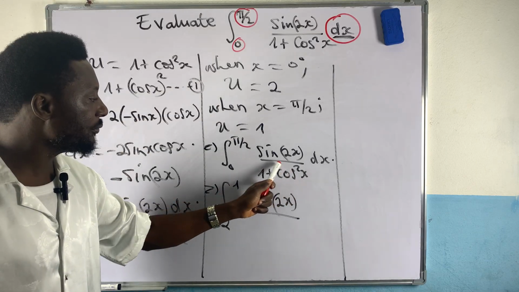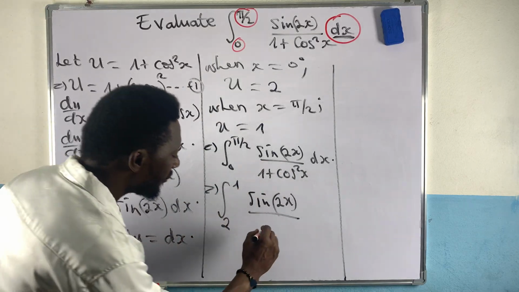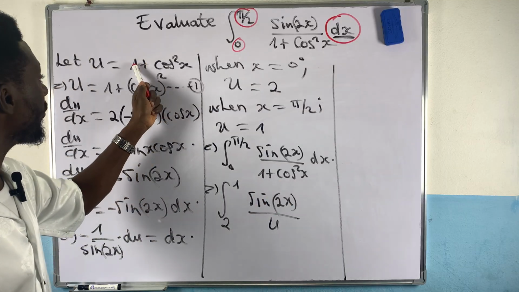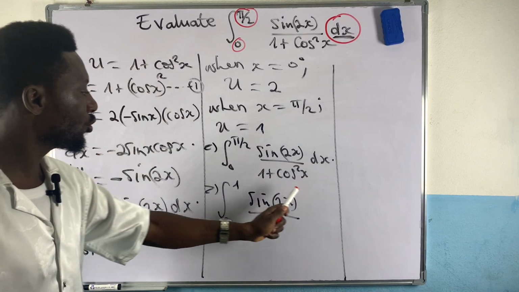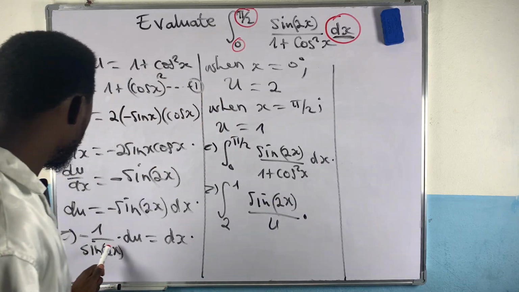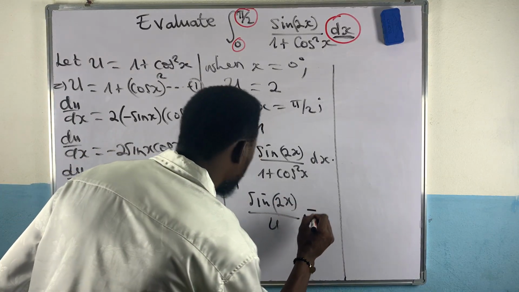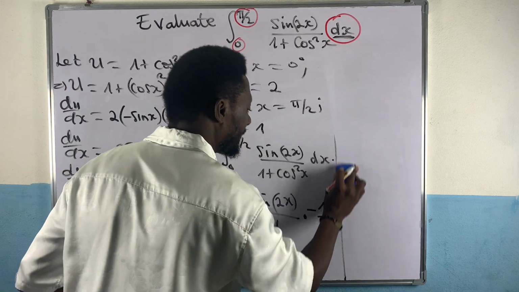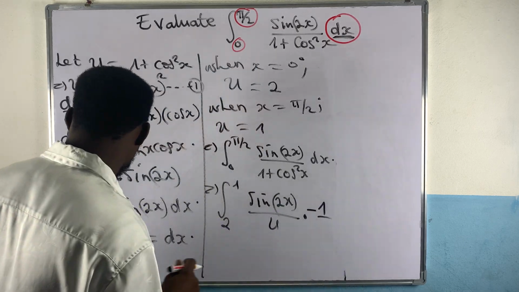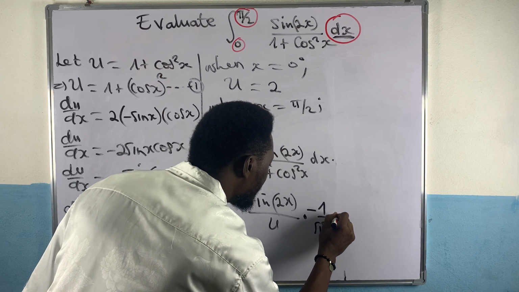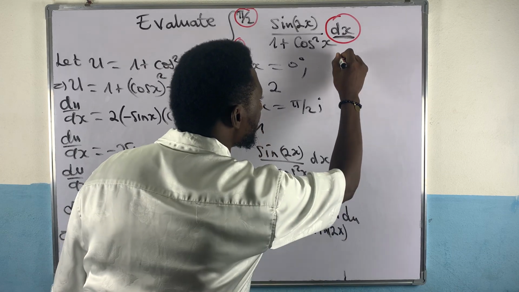So it means the denominator of this fraction has to be u. So we have u below here because 1 plus cos squared x is equal to u. So we replace it with u there, times dx. What is our dx now? dx is negative 1 all over sin 2x times du.